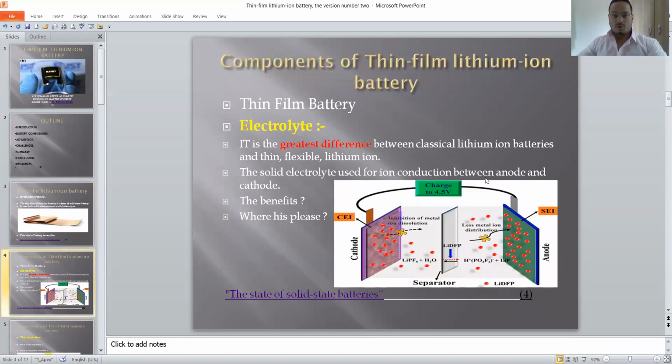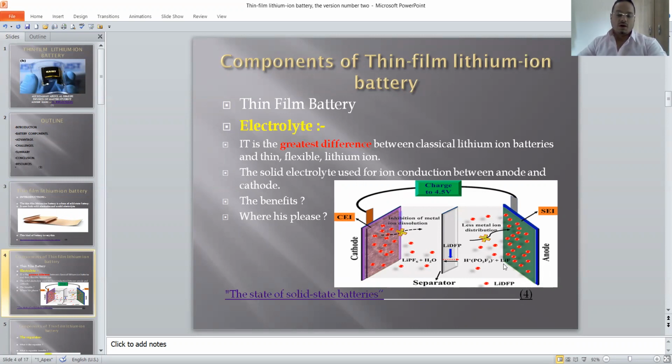Here, let's talk about the components of the thin film lithium-ion battery. What are the important elements in this battery? I will start from the electrolyte because that's very important. Actually, all of them are very important, but I started from the electrolyte. The electrolyte takes the place between the two electrodes in this kind of battery.